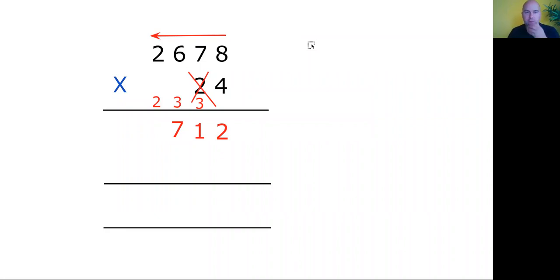Good. Now, final one, 4 times 2, 8. What do we do with this one? We're going to add the 2 on, okay? So 4 times 2 is 8, add 2 makes 10. So here, we're going to put the 0 for the 10. And remember, we're going to carry the 1, which is the 10.